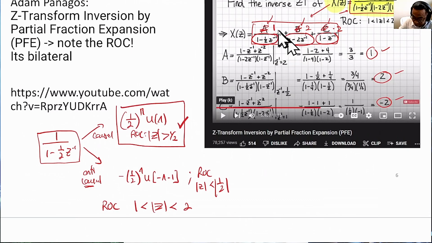We can then do the second signal, which is 2 over 1 minus 2z^-1. So again, we are given a choice whether it will be anti-causal or causal.